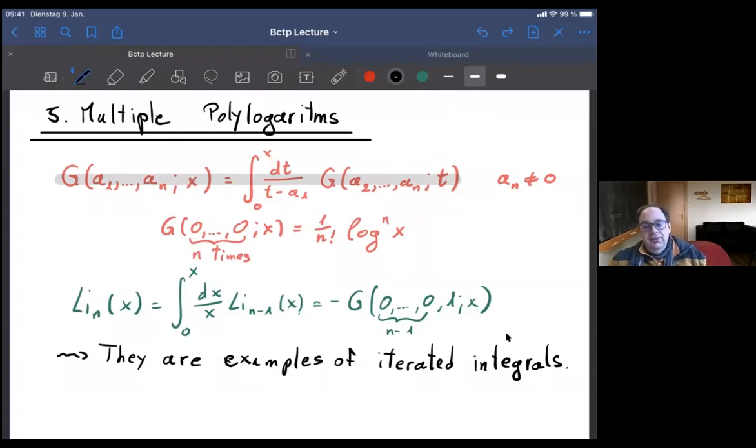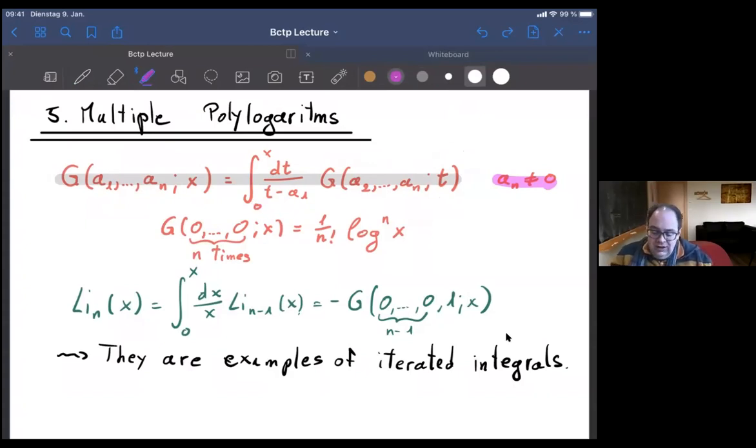Now, there are some technical issues associated with this definition. When an, which is the last guy here, is equal to 0, then if you look at the details, you would see that this integral diverges, because if an is 0 and the upper integration boundary is 0, the integral would diverge.